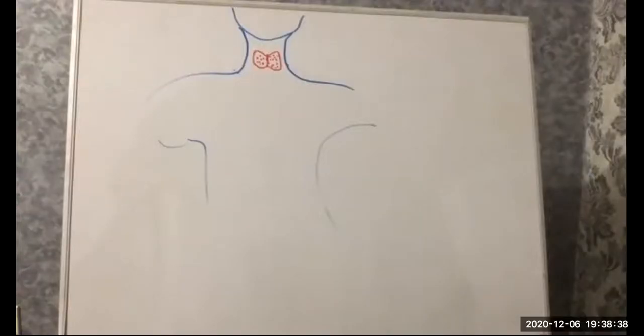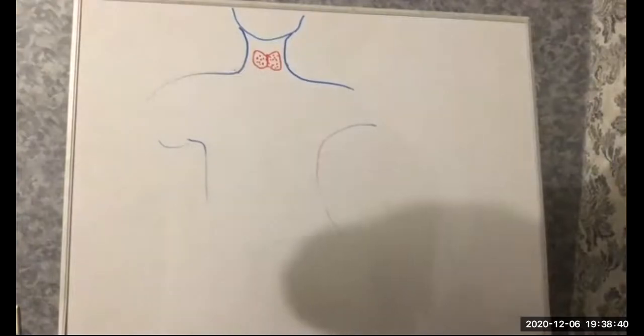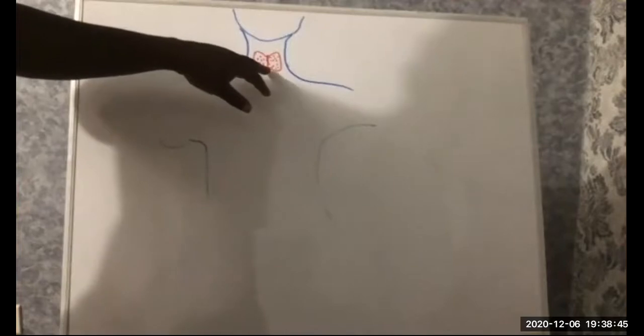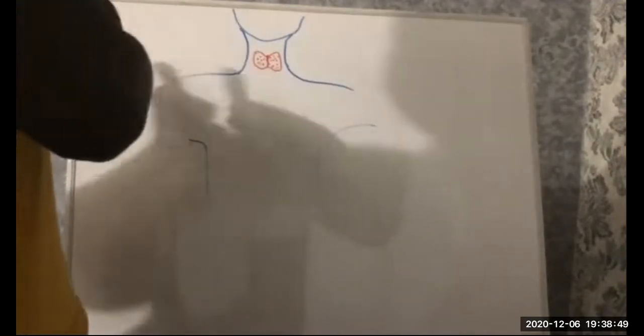In the anterior part of our neck, just below a cartilage, there is a gland over there. What's the name of this gland? Thyroid. Thyroid gland. Thank you very much.